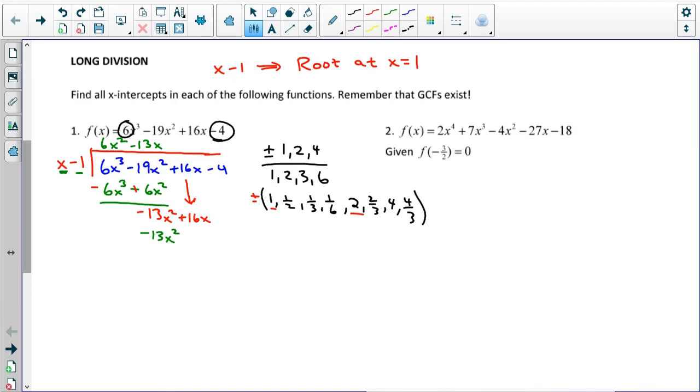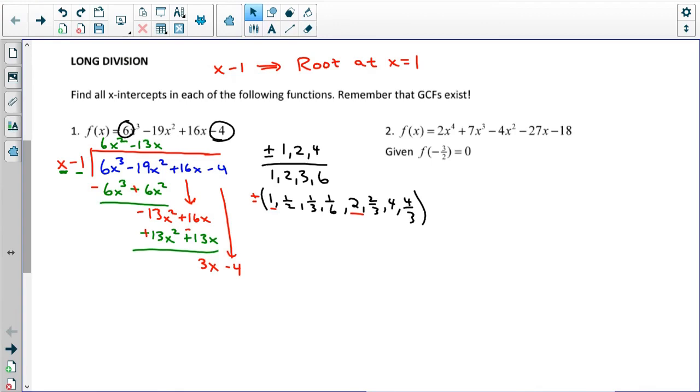I then also have to multiply it by the negative 1, so I get plus 13x. I now have to subtract those terms, and I end up with 0 where the 13x squareds were, and then I have 3x. I'm going to pull down the 4.